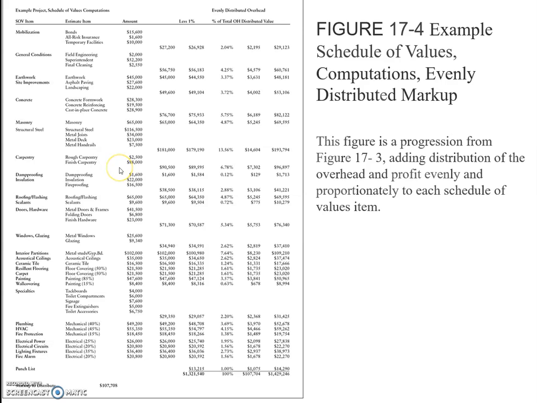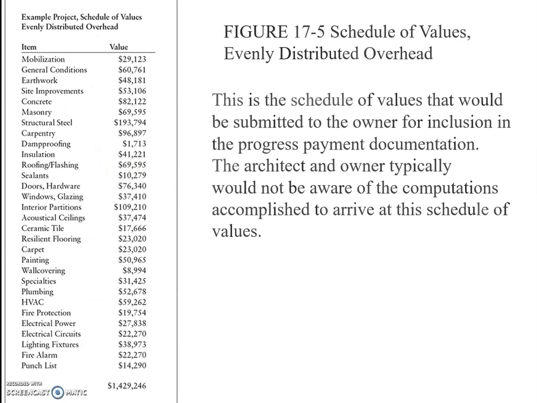The next thing is front loading. Front loading is another method for allocating overhead. It is the allocation of overhead to items that will be completed early in the project. There are different degrees of front loading depending on the contractor and the contract conditions.